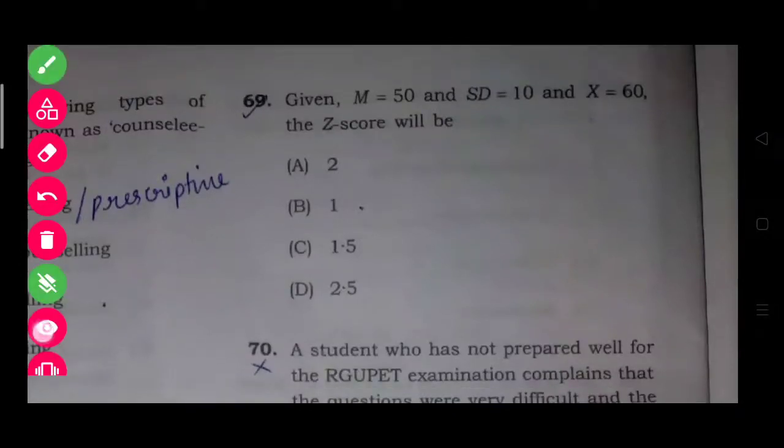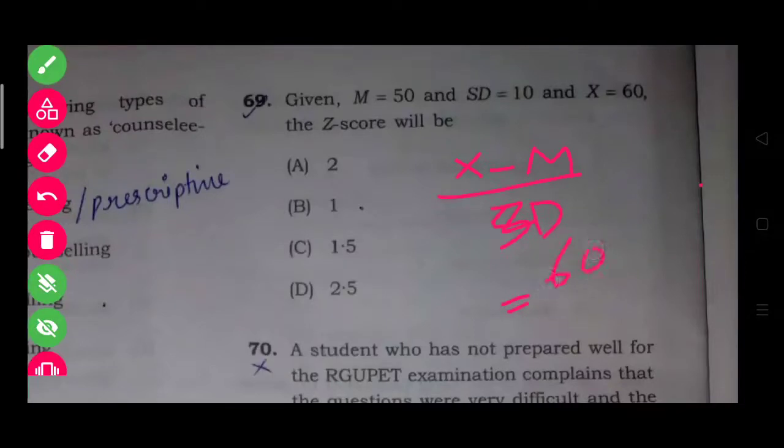Let's see. Here the Z score formula is X minus M divided by SD. What is the value of X?